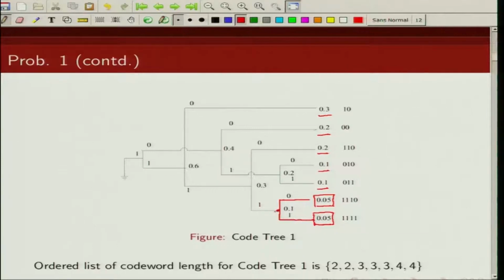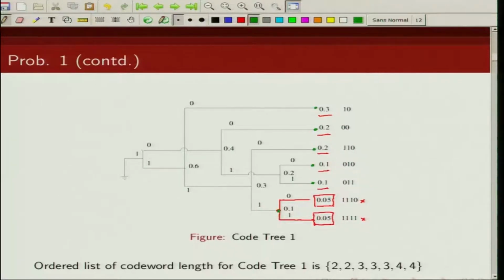We create a new node which has probability 0.1 and we deactivate these 2 nodes. At this point these are the active nodes.